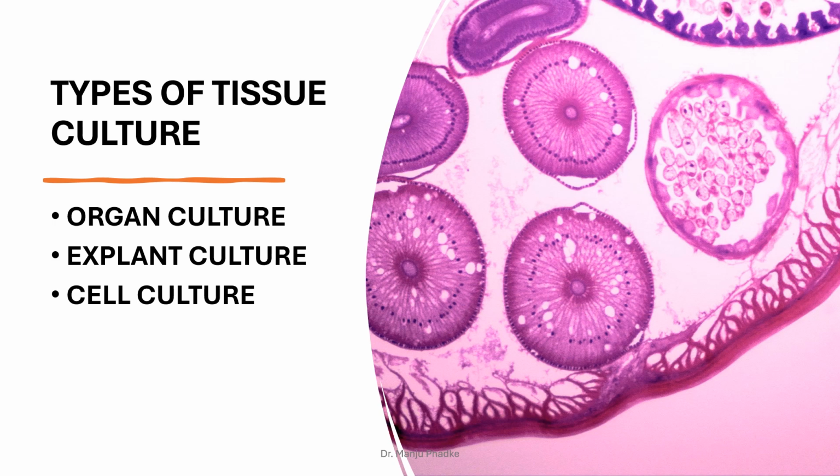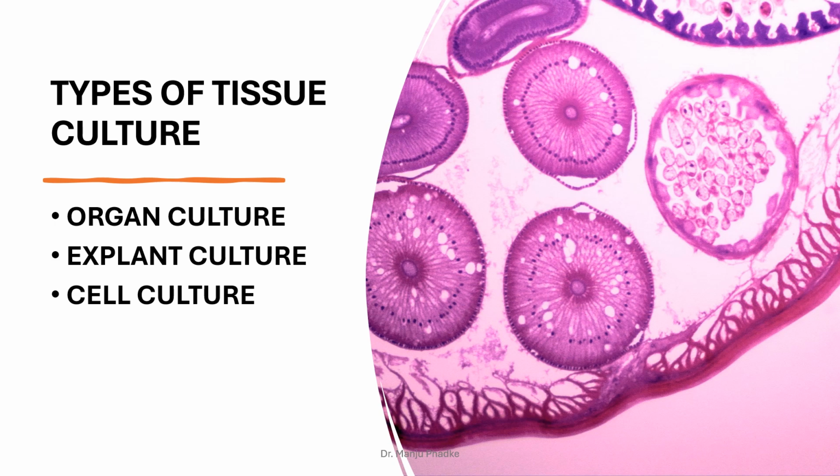An organ culture is normally used for the isolation of some viruses which are highly specialized parasites. Example is the tracheal ring organ culture, which is used for the isolation of the coronavirus, which is a respiratory pathogen. Then you have the explant culture.